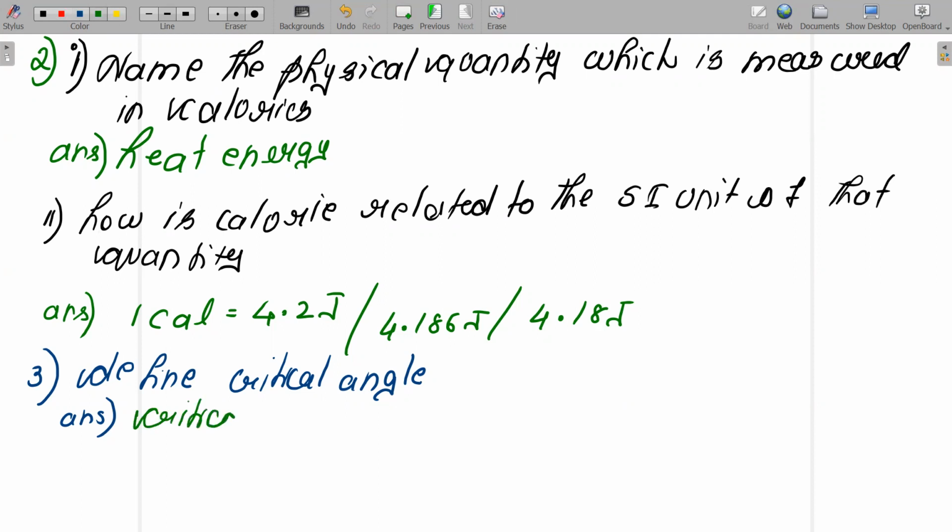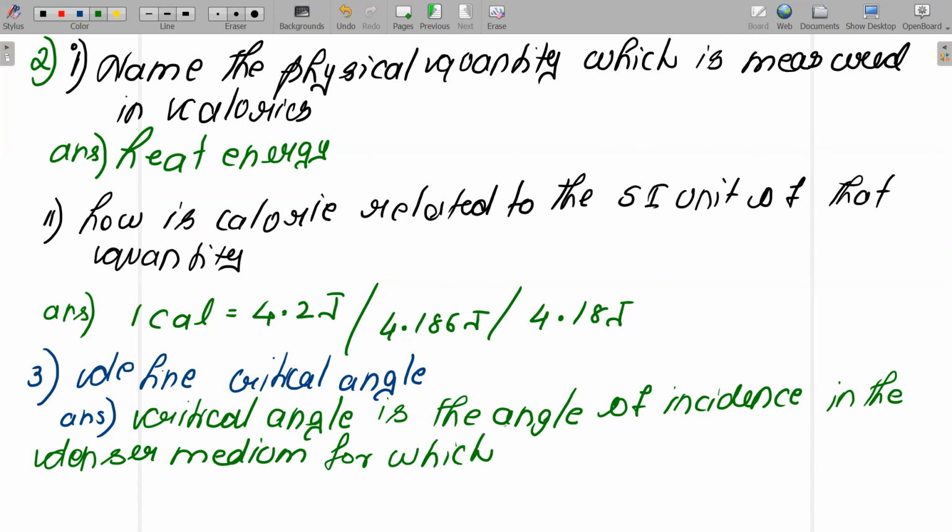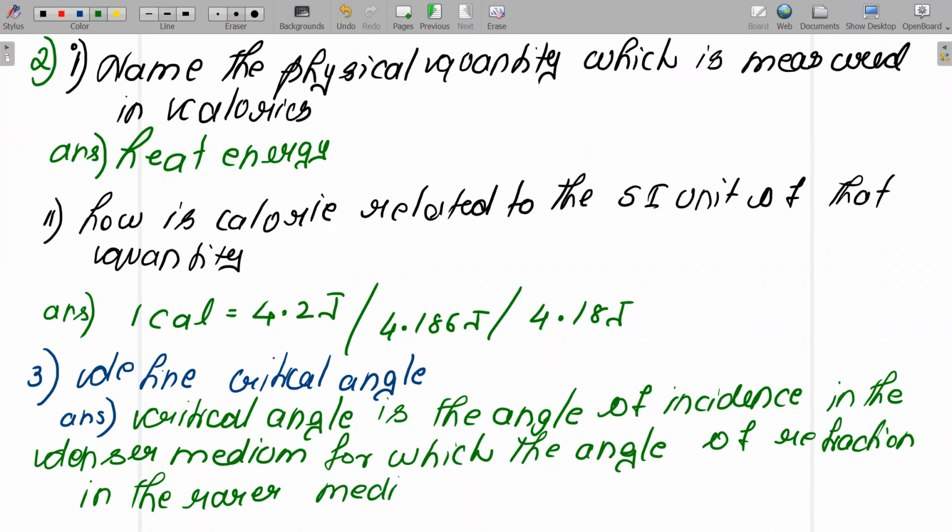Critical angle is the angle of incidence in the denser medium for which the angle of refraction in the rarer medium is 90 degree. Understood?